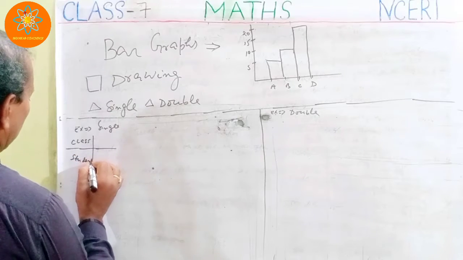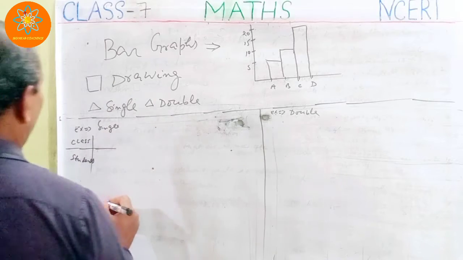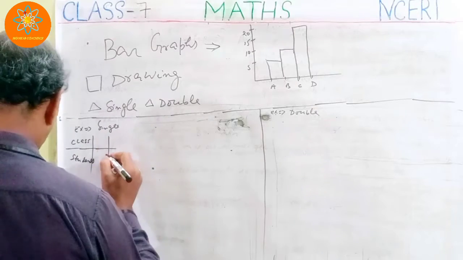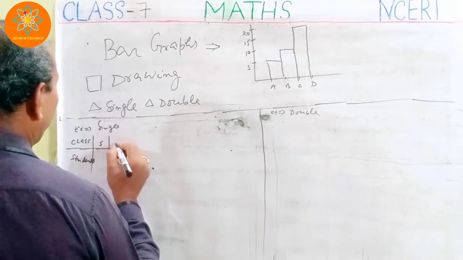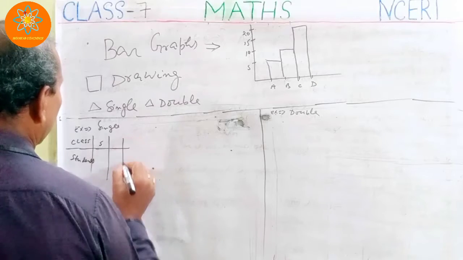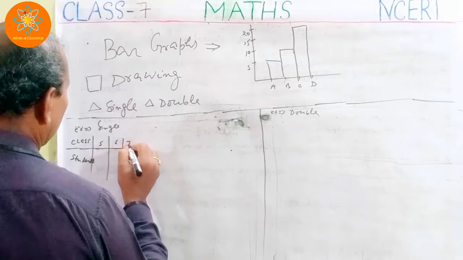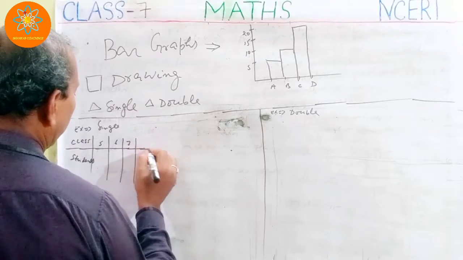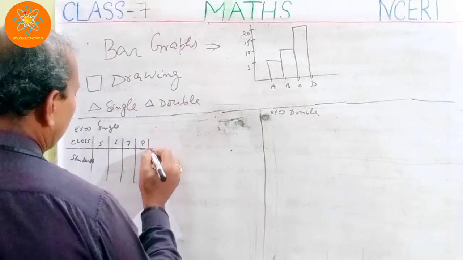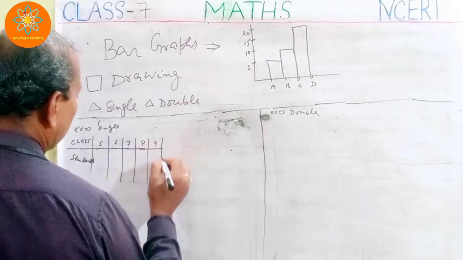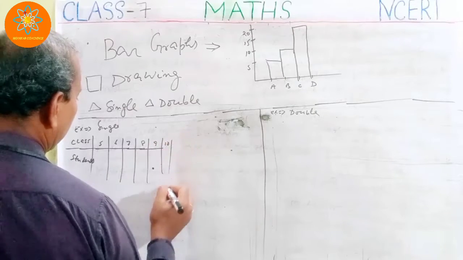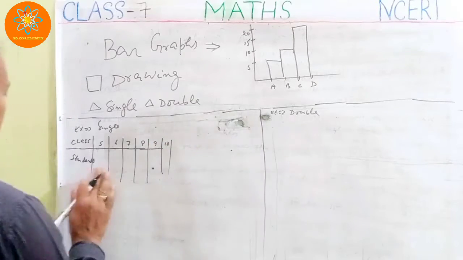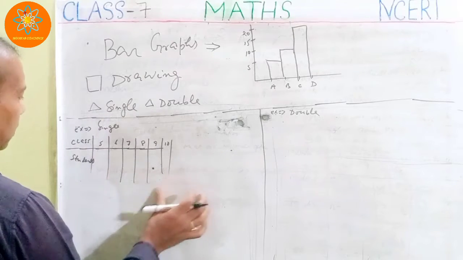Let's suppose these are the classes 5th, 6th, 7th, 8th, 9th and 10th. These all are classes.